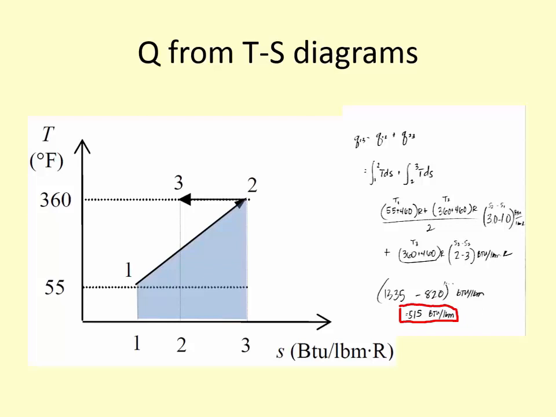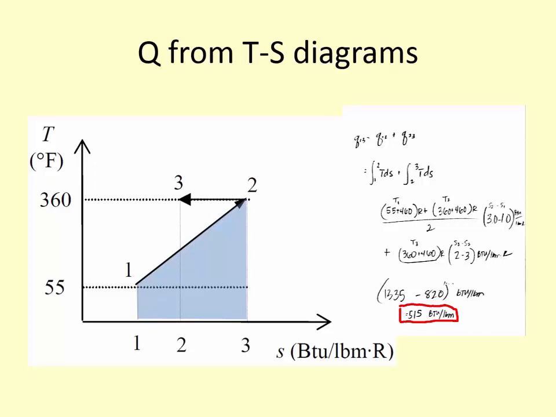So that's Q from 1 to 2. The value we find for that is 1,335 BTUs per pound mass.